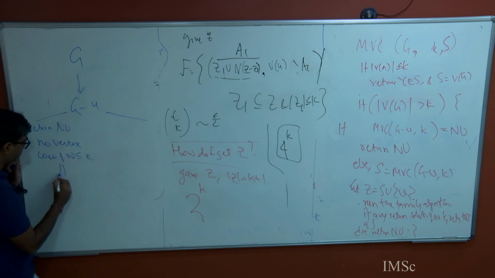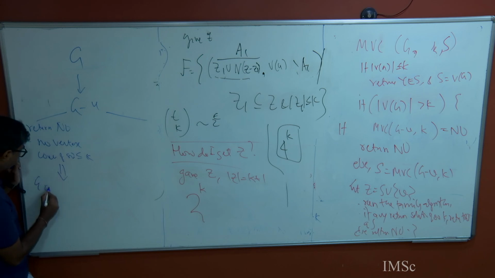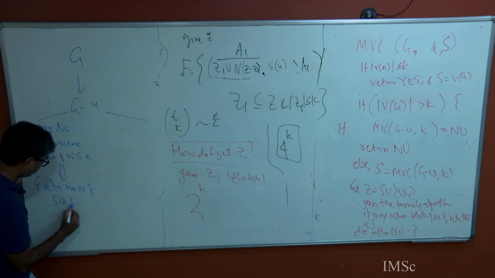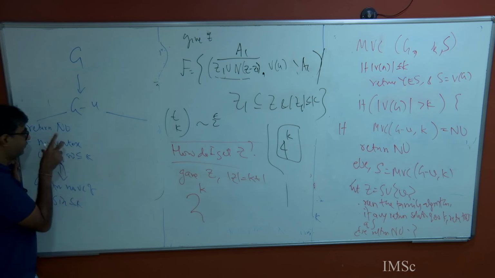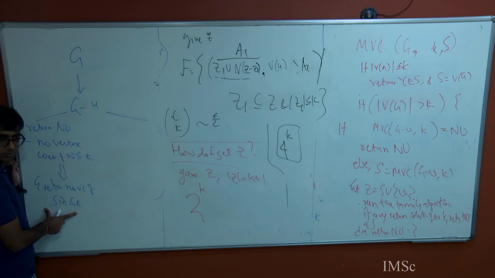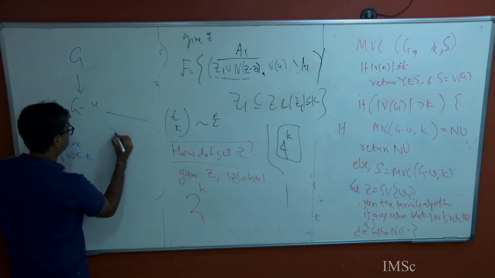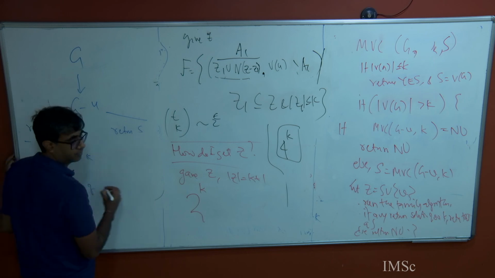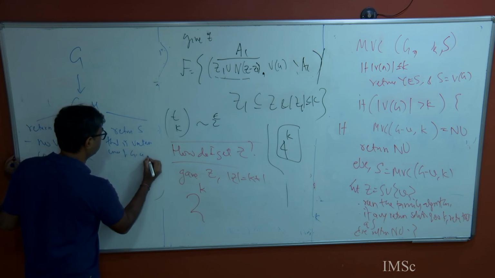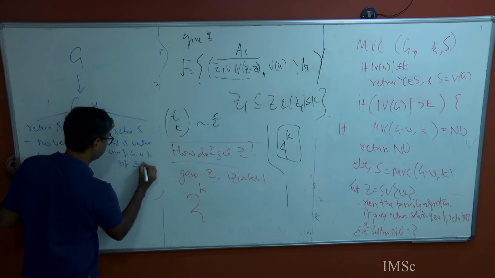This implies G returns no vertex cover of size at most k, which is perfectly fine. If G minus U itself has no vertex cover of size at most k, there is absolutely no hope to find one in G. Or it returns S, a vertex cover of G minus U of size at most k.